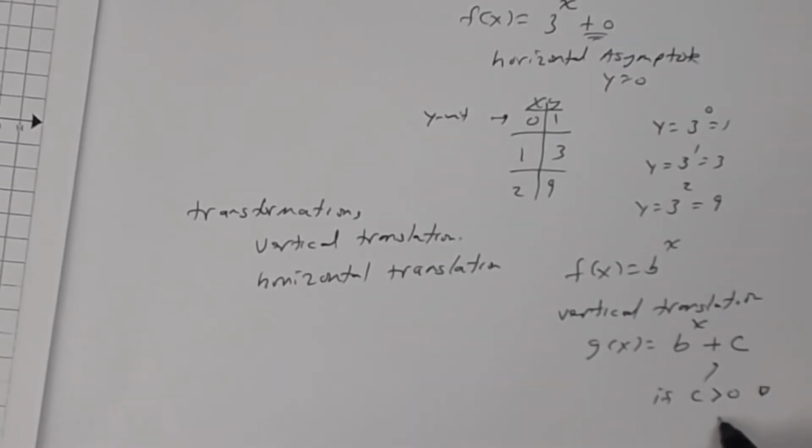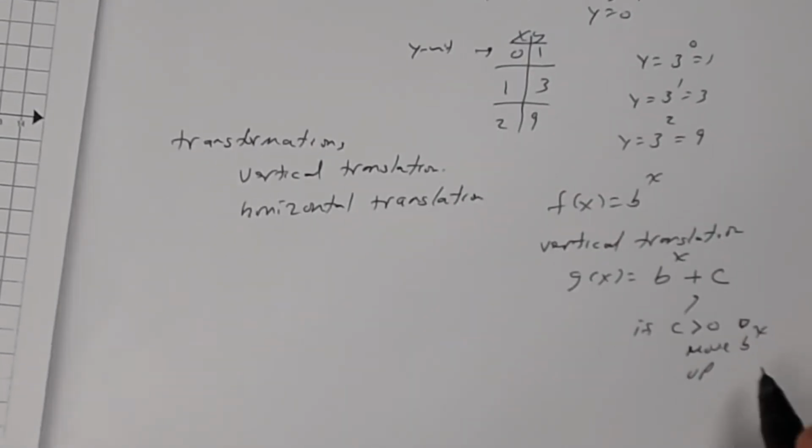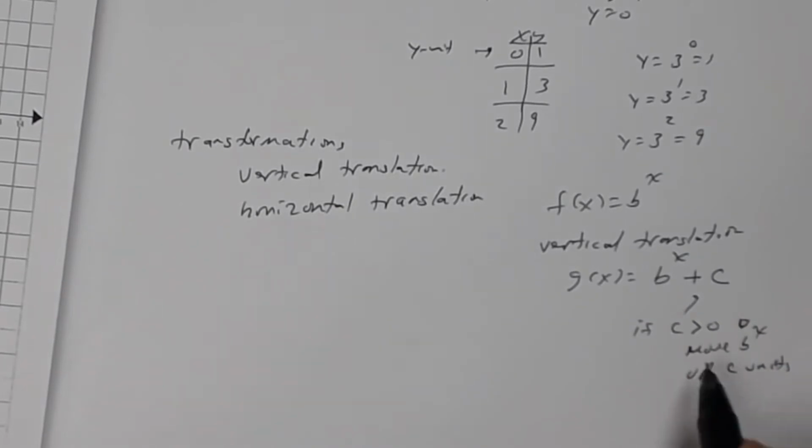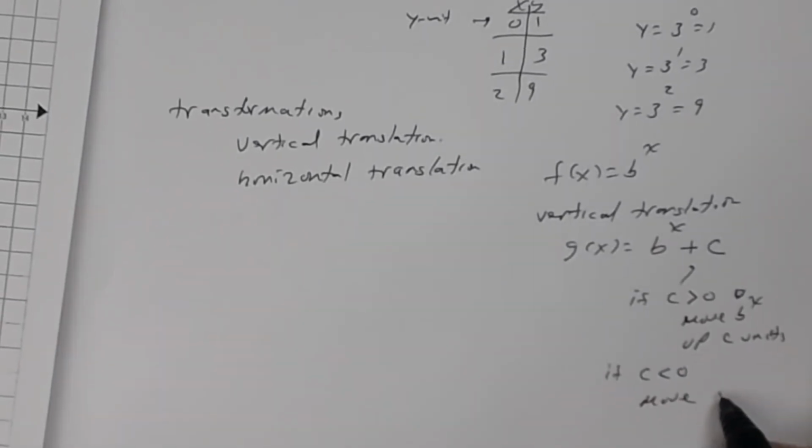So you'll move b to the x up c units. If c is negative, this is b to the x minus c, then you'd translate vertically down. So you'd move b to the x down c units. Okay, that's the easy kind.